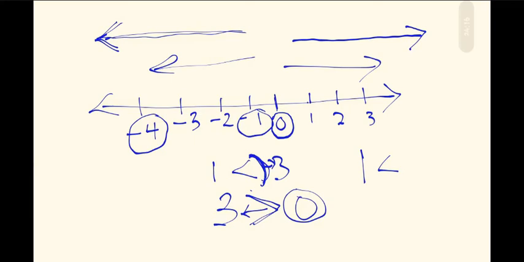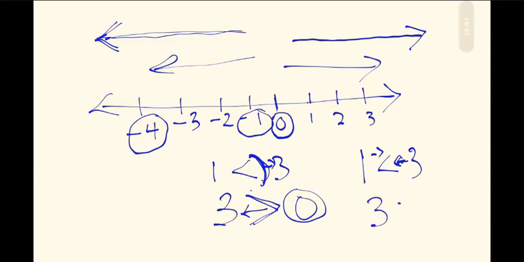So this 1 less than 3, we see that the sign opens up at 3. So this 3 is facing the bigger side of the sign, and the 1 is also facing the smaller side of the sign.